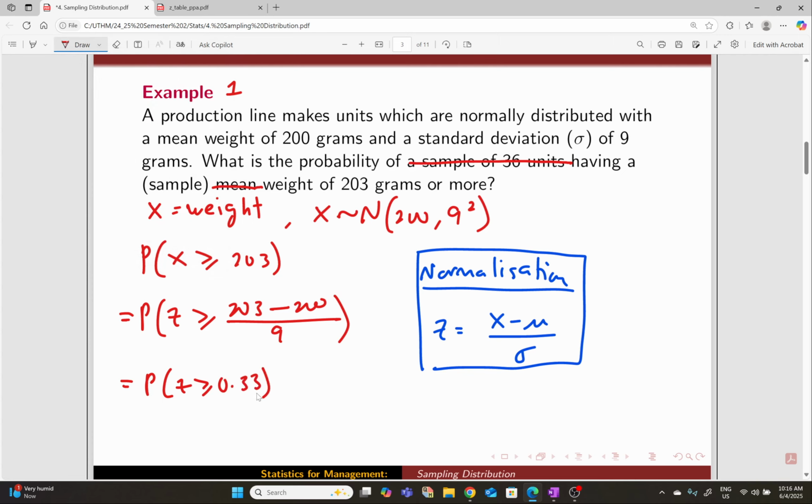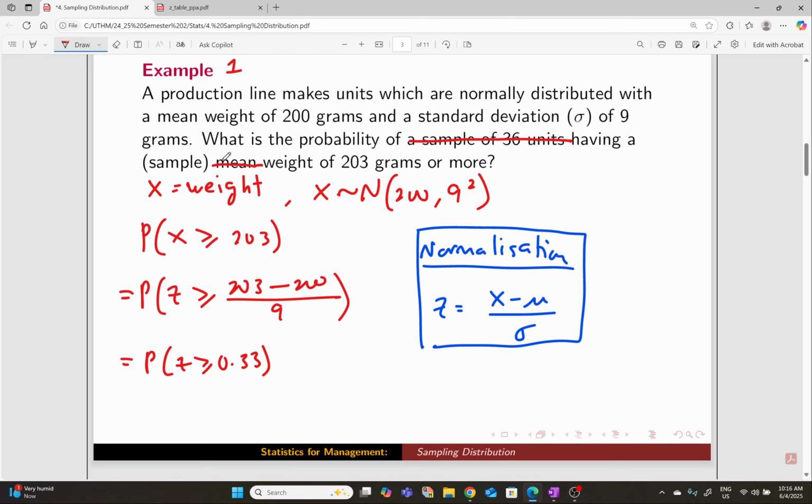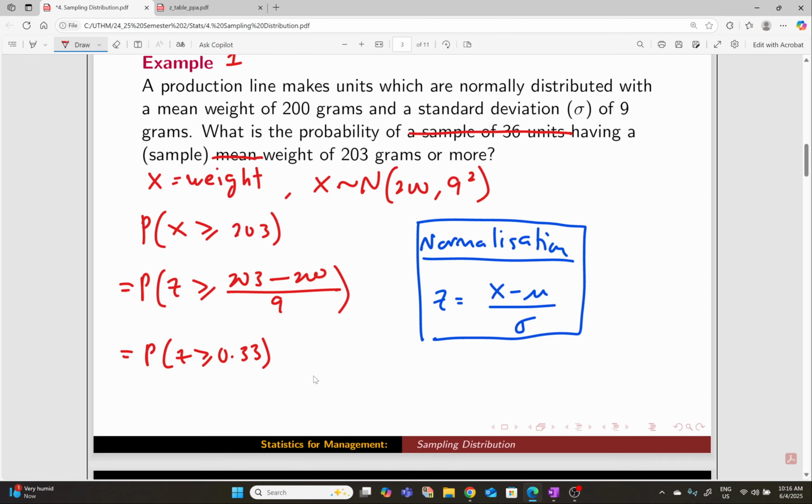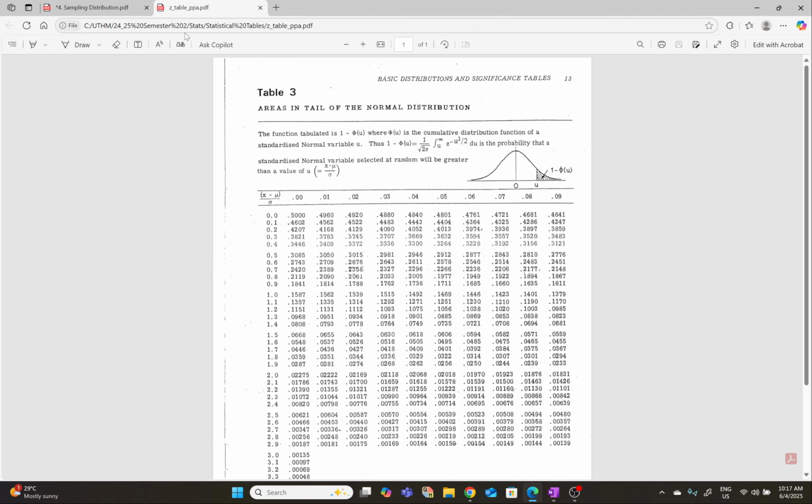0.33. After this, you have to draw the diagram. I hope you guys still remember this. This is 0.33. Any question you can ask me, just raise your hand and ask me. So 0.33, we want this region. Your table will give you the right hand side area.